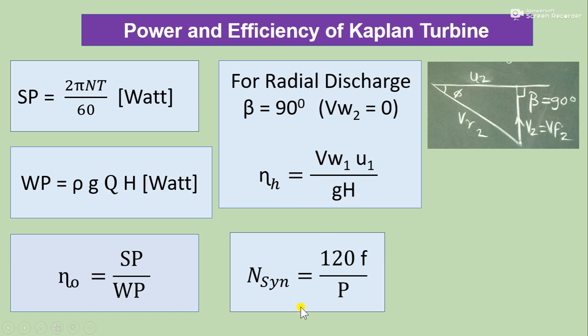And synchronous speed is taken as 120 times frequency divided by number of poles. Specific speed is same as Francis turbine or Pelton wheel turbine, that is N into square root of P upon H raised to 5 by 4.